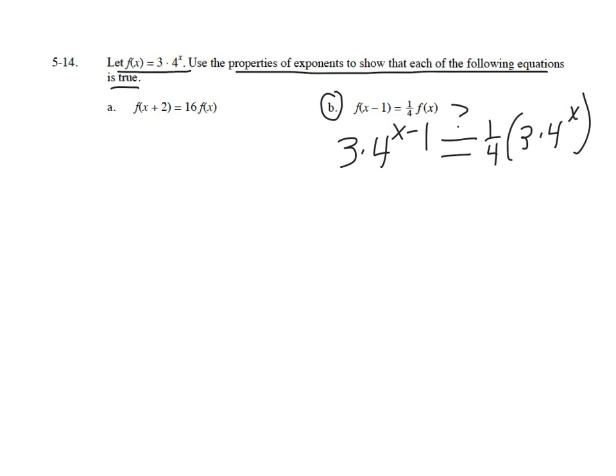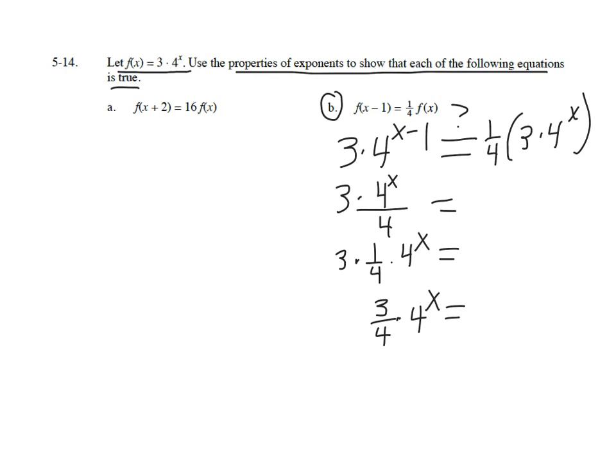Well, working the left side, this is 3 times 4 to the x divided by 4 to the 1, which is 3 times 1/4 times 4 to the x, and 3 times 1/4 is 3/4 times 4 to the x.